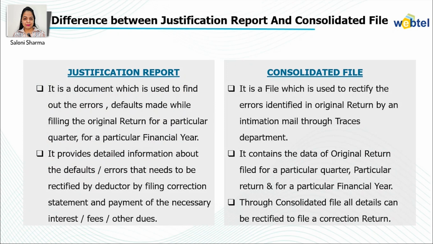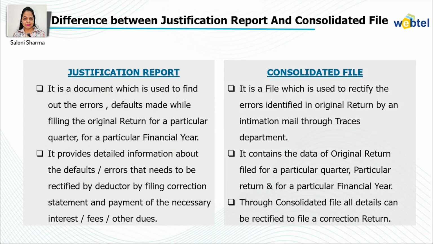It also provides detailed information about the defaults and errors that need to be rectified by the deductors by filing correction statements, and the payment of the necessary interest, fee, and other dues needs to be done by the deductors for filing a revised return.